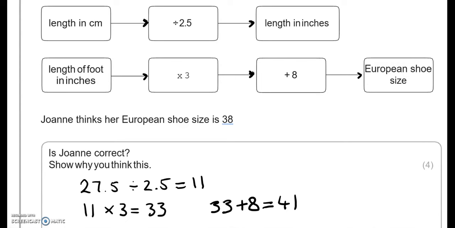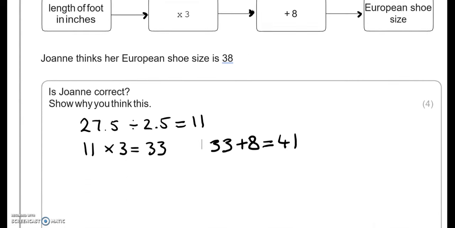So is Joanne correct? No. Her shoe size is 41.